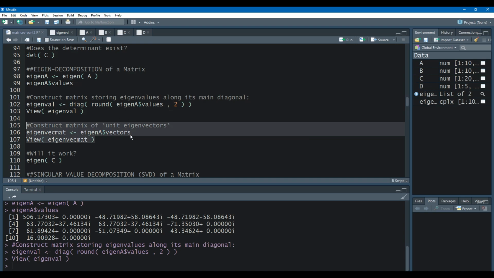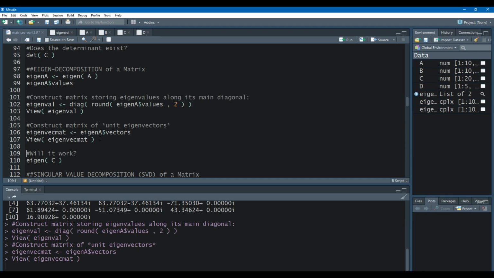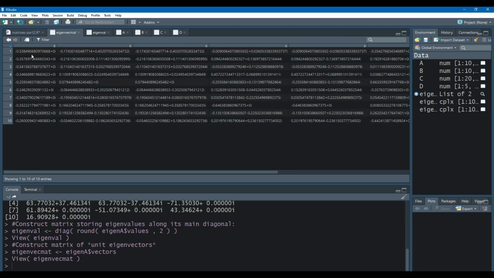So let's construct a matrix of unit eigenvectors. The way we do that is we take our eigenvectors, which we stored in the operation eigen-A, and we call them by using the $vectors. We store these in eigenvecmat, just an arbitrarily named matrix, and when we view that, here we have our eigenvectors associated with the decomposition.